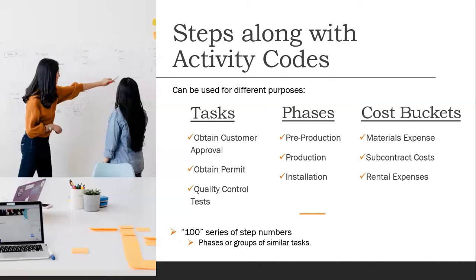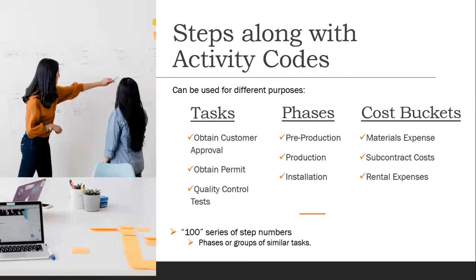So maybe, let's say in an engineer-to-order situation where we're going to build something and then install it, we could have a pre-production phase where we're planning and maybe getting customer approval for the project. Then we actually have production where we're making it, and then possibly it gets shipped on site and we install it. We can look at those three different groups as phases.